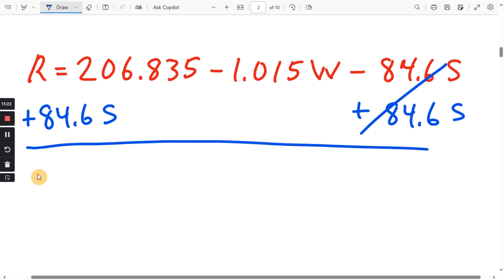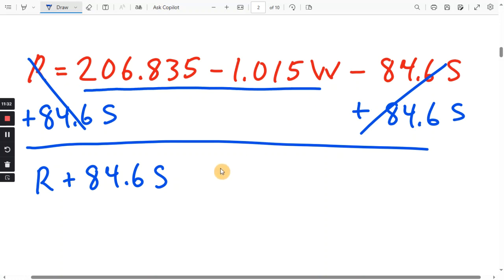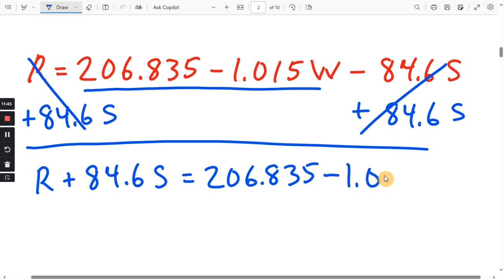All right, R plus 84.6 S, and that equals this mess here, 206.835 minus 101.015 W. All right, so we are solving for S. The opposite of plus R is minus R. You want to do that to both sides of the equal sign, and it cancels here.